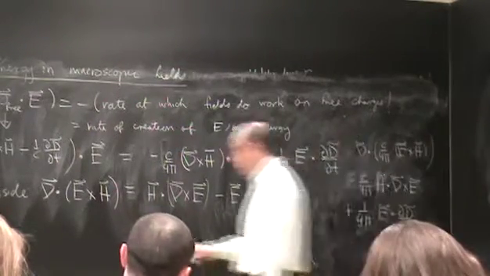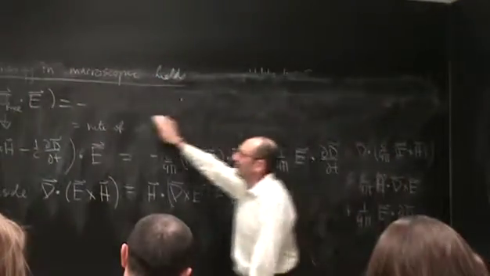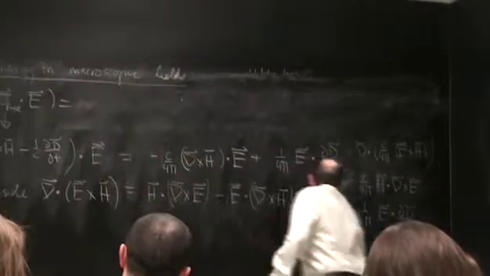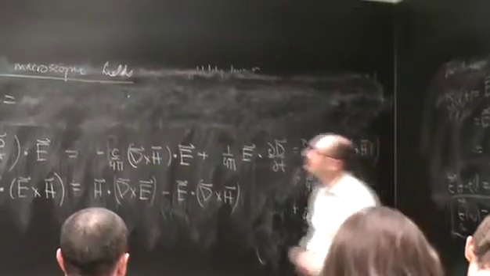So the bottom line, which is now the top line, del cross E is minus 1 over C dB dt.